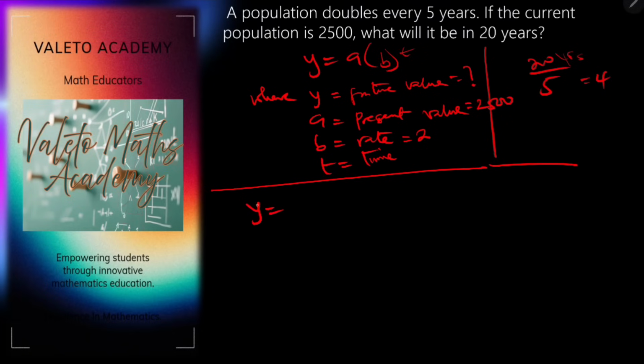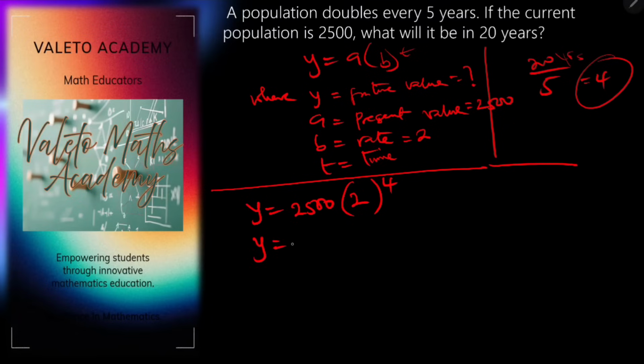Applying the formula, the population after 20 years will be A, which is 2,500, multiplied by B, which is 2, raised to power 4, because it's going to double itself 4 times in 20 years. Once you're able to place the values correctly, the equation is half solved.